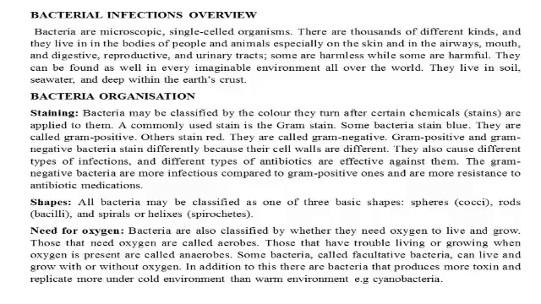Gram positive and gram negative bacteria stain differently because their cell walls are different. They also cause different types of infections and different types of antibiotics are effective against them. The gram-negative bacteria are more infectious compared to gram-positive ones and are more resistant to antibiotic medications.